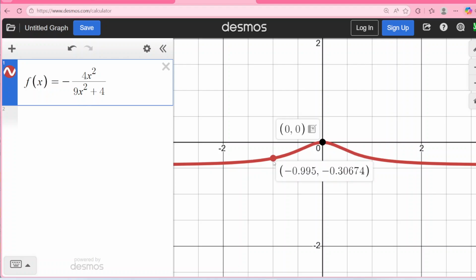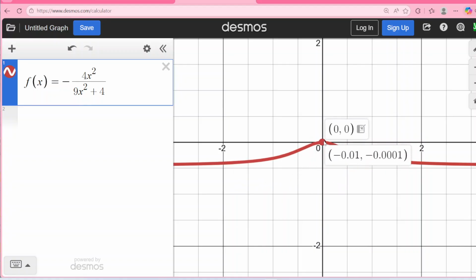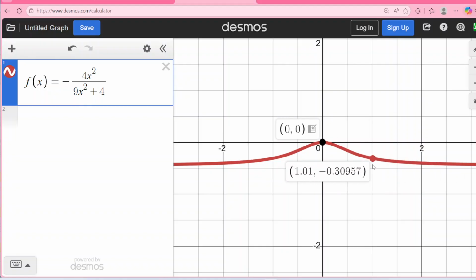And then the points of inflection look to be around here, maybe around -1 and +1, because it's going from concave up and then switches to concave down, and then around 1 here, it looks like it's going from concave up to concave down to then concave up. And a couple points of inflection that you would find with the second derivative.